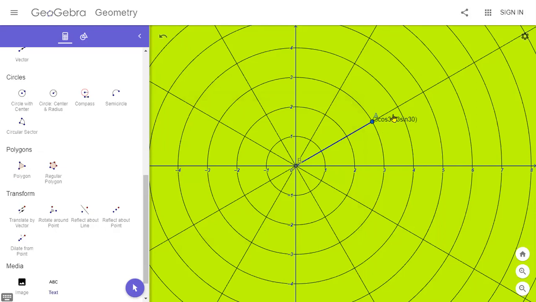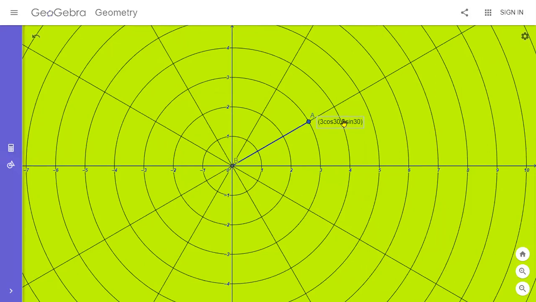This is the polar coordinate of this point A on this polar graph. Here, 3 cosine 30 degrees, comma, 3 sine 30 degrees is the polar coordinate.